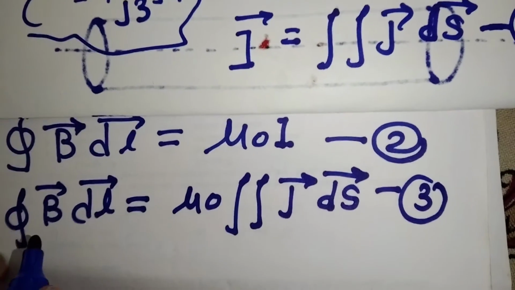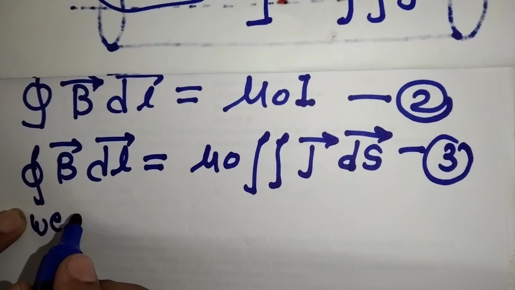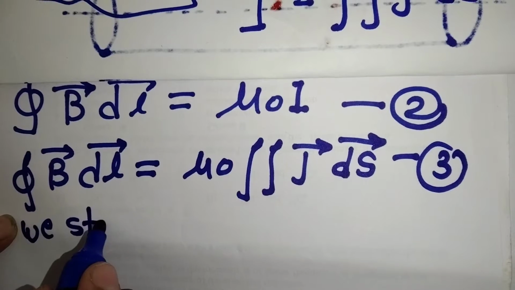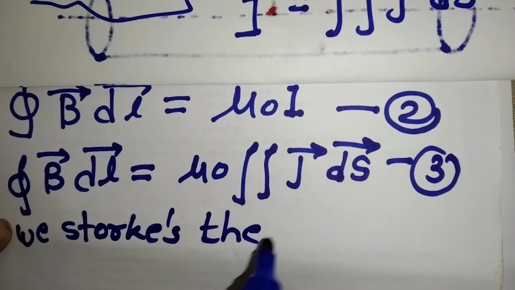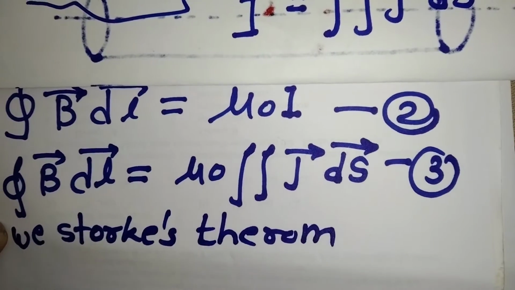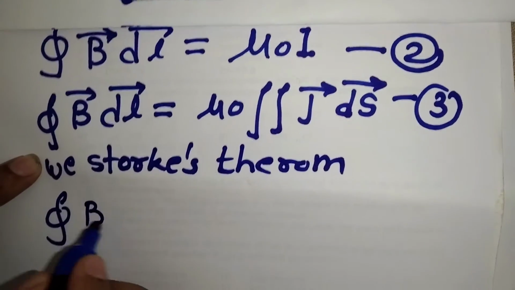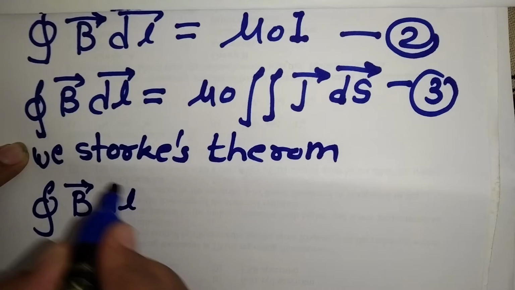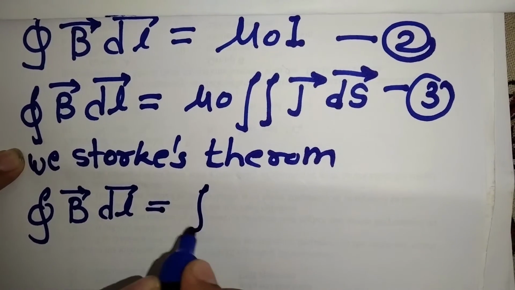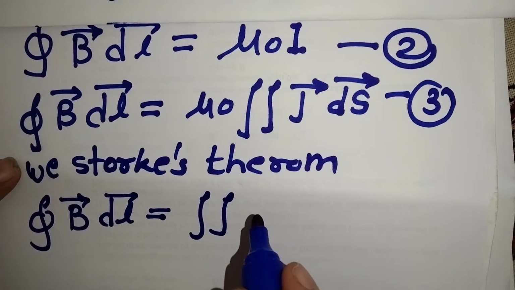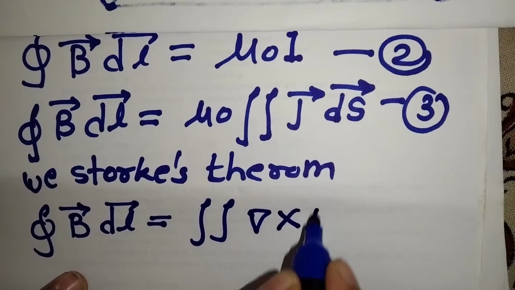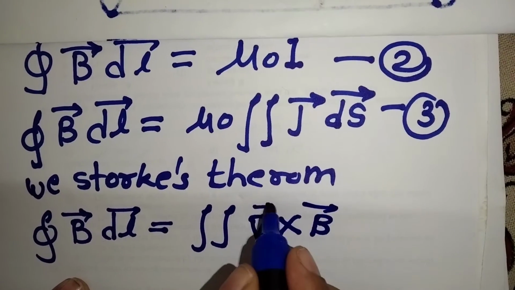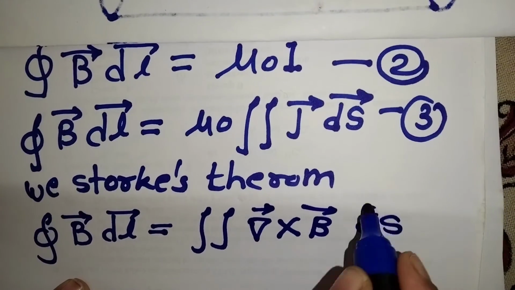We know the Stokes theorem. By using Stokes theorem, the integration over B bar dl bar is equal to the double integration of del cross B bar into ds bar.